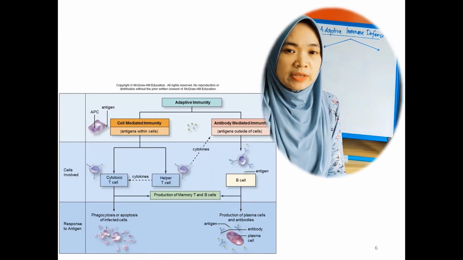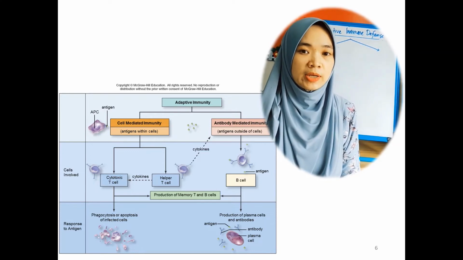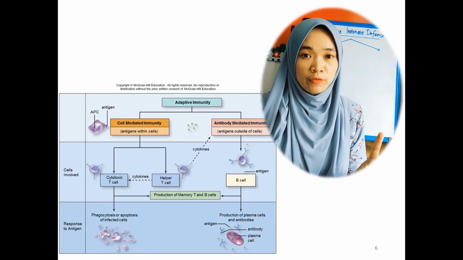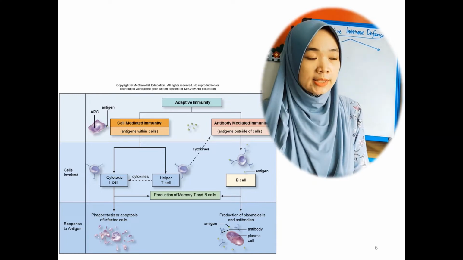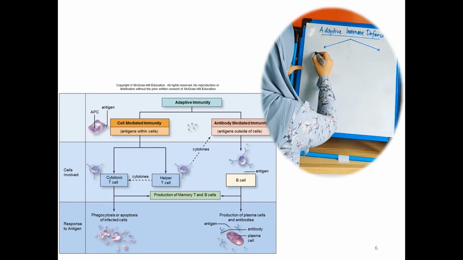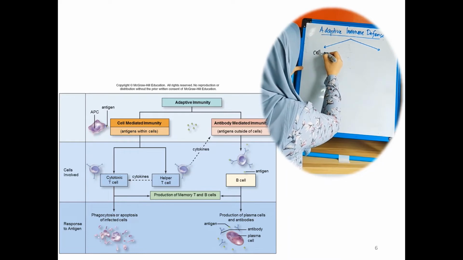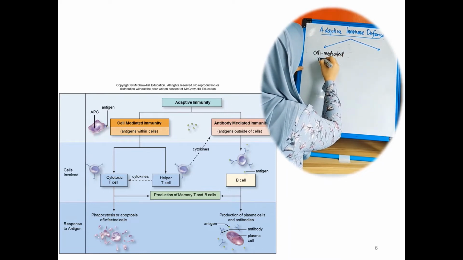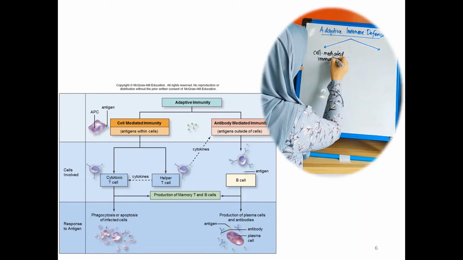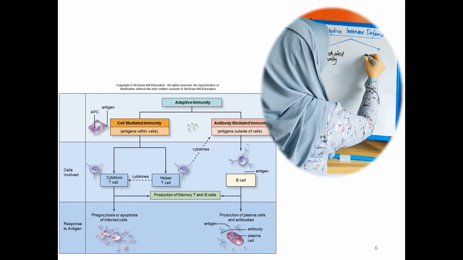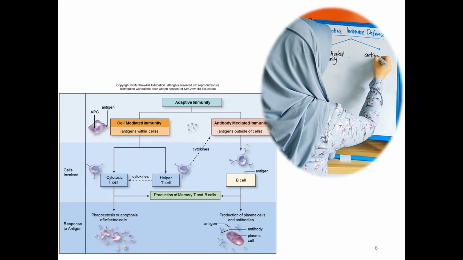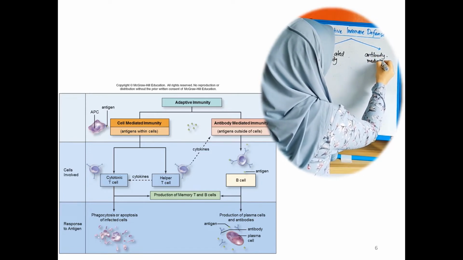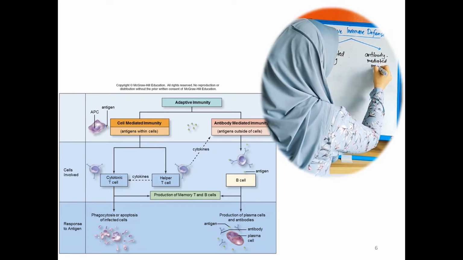Adaptive immune defense or adaptive immune response is divided into two types of immune response, and the names are cell-mediated immune response or immunity and antibody-mediated immunity.